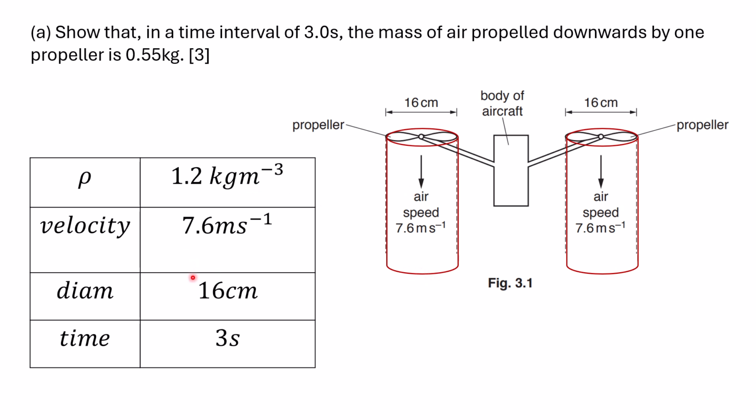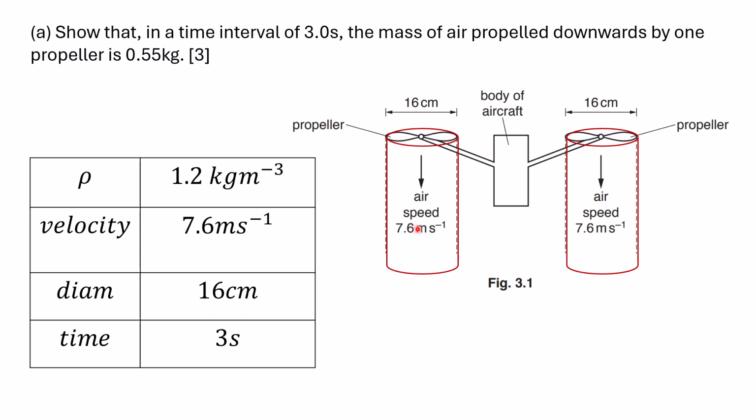And here is the data that was given in this question. The density of the air is 1.2 kilograms per cubic meter. The speed downward is 7.6 meters per second. The diameter of the propeller, which makes the diameter of this cylinder, is 16 centimeters.